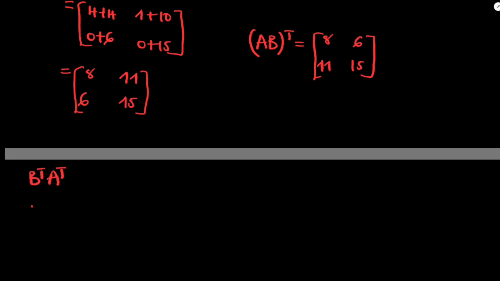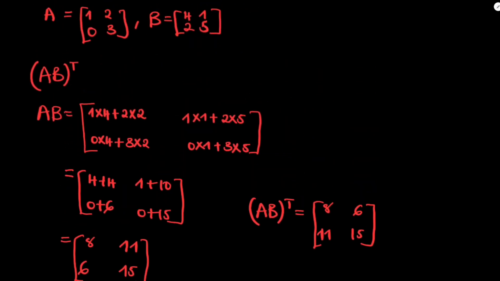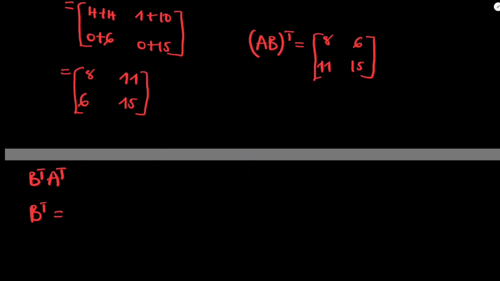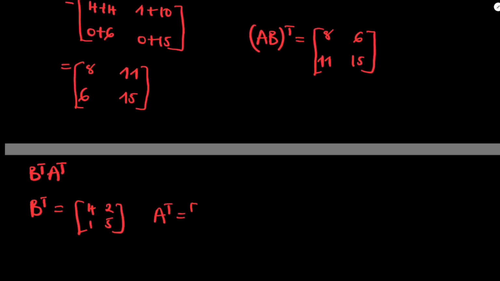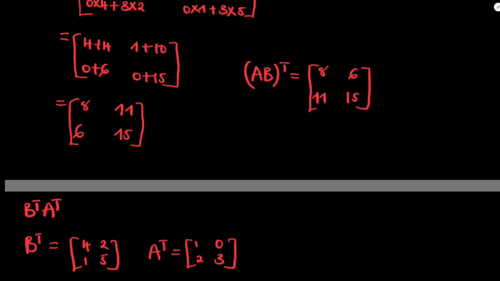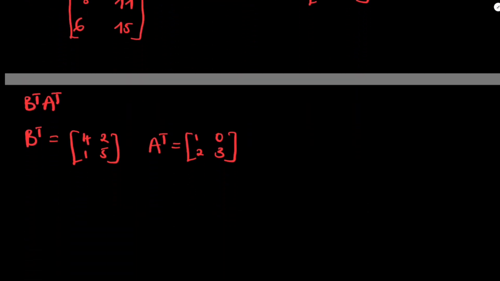So now let's take B transpose alone. What is B transpose? Simply 4, 1, 2, 5. And what is A transpose? It is 1, 2, 0, 3. Okay, so now let's multiply and see whether it is the same.